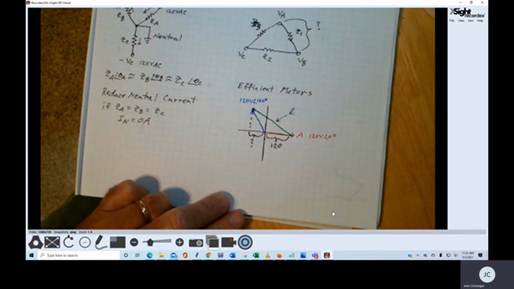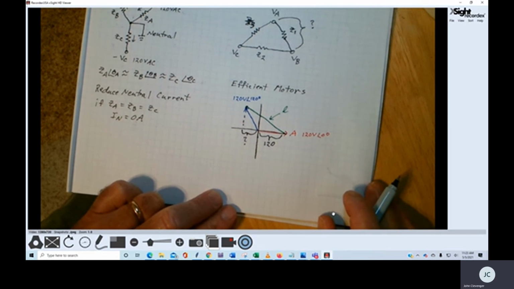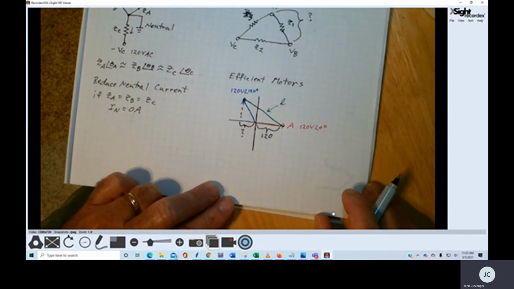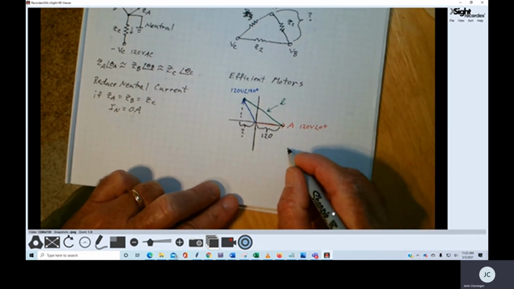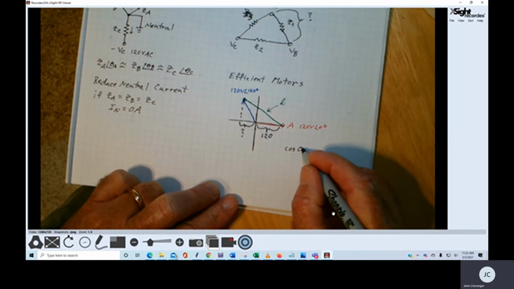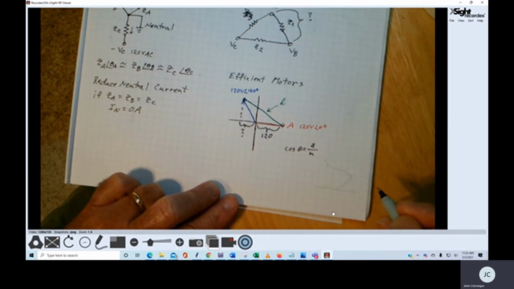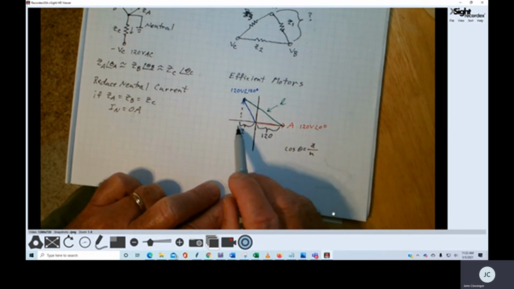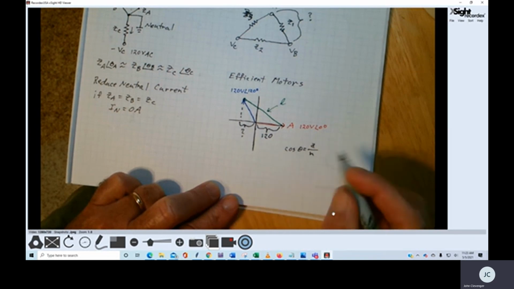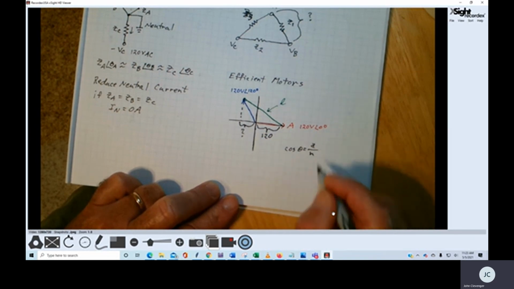Well, to determine that, we go back and look at our trig identities, and it says the cosine of theta equals the adjacent side over the hypotenuse. What we're trying to figure out is this length right here, which is the adjacent side.